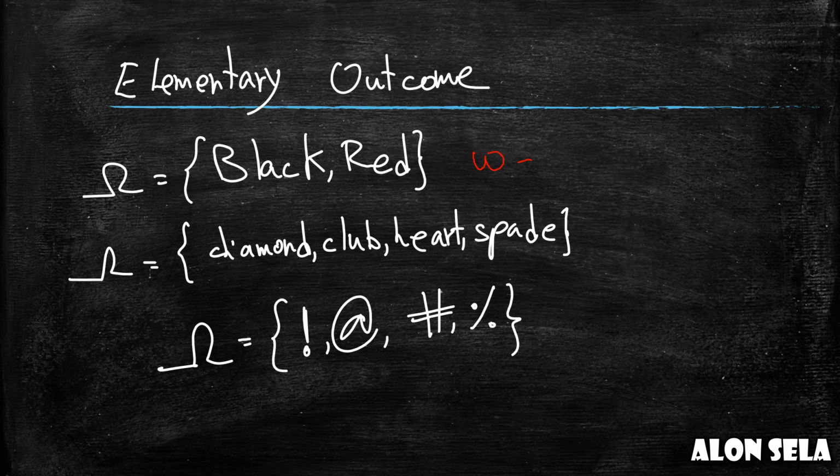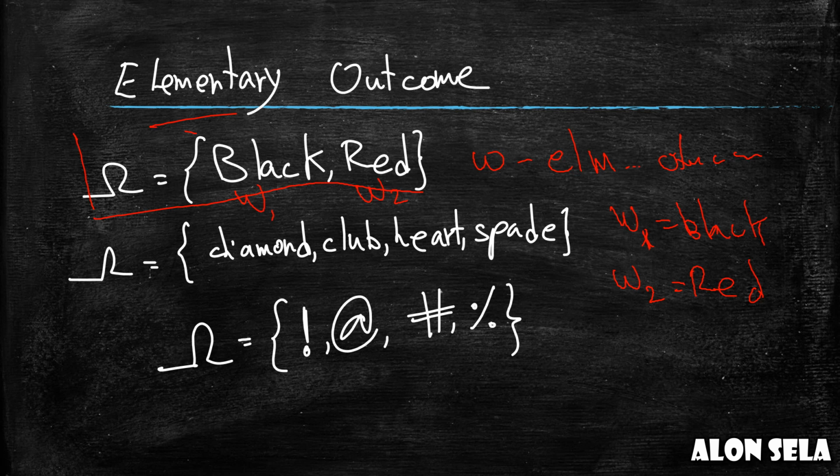Okay, small omega is an elementary outcome, and in this case we have omega 1 and omega 2. Small omega 1 is black, and small omega 2 is red.